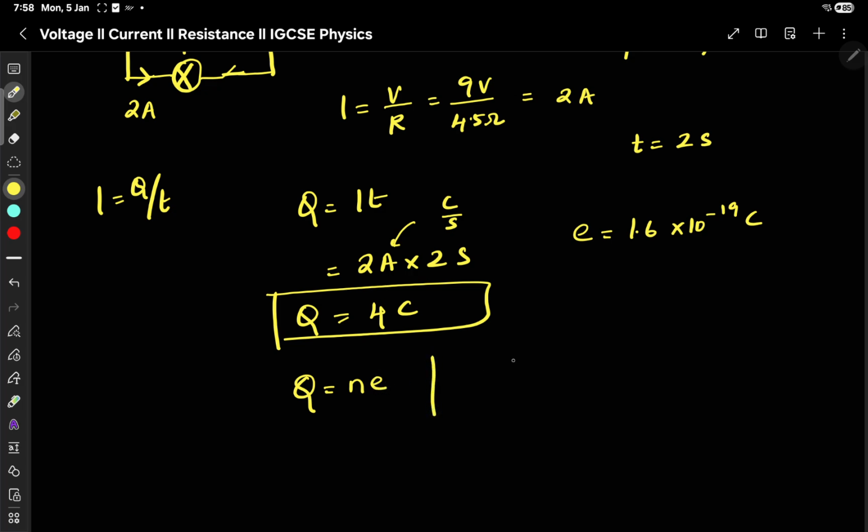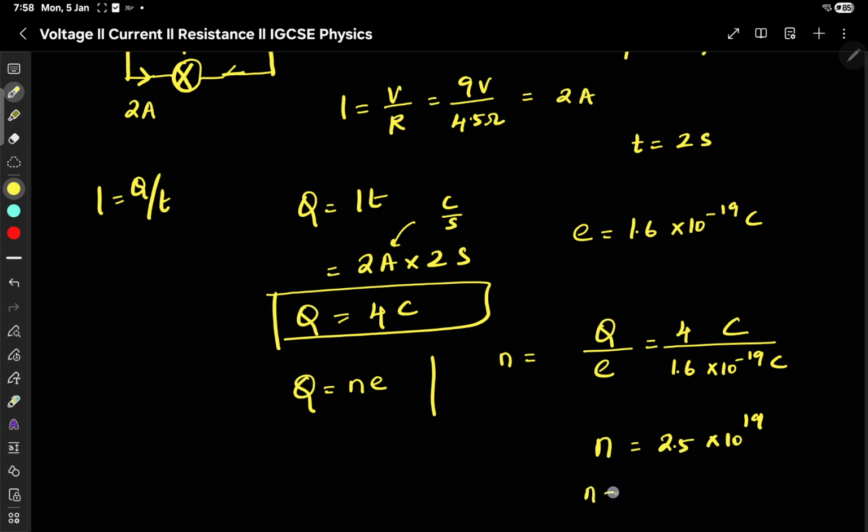Q is equal to NE. So N is equal to Q over E. Q is 4 and E is 1.6 into 10 power minus 19 C. If I use the calculator, I get 2.5 into 10 power 19 electrons, or we can say close to 3 into 10 power 19 electrons.